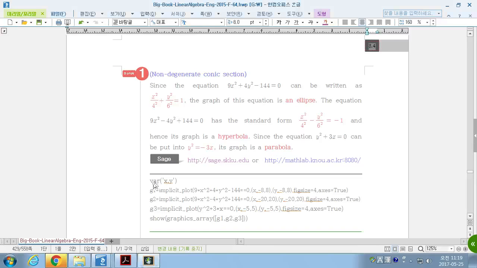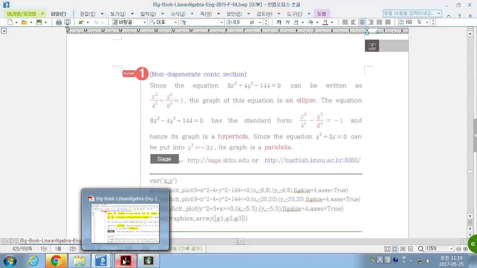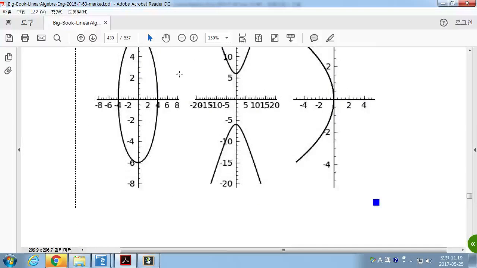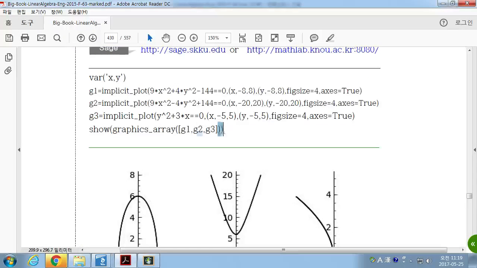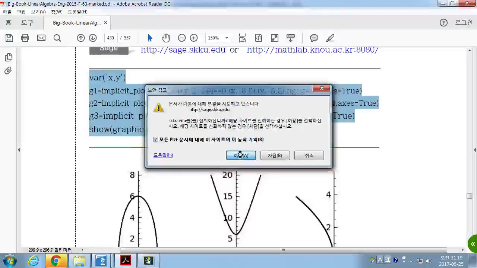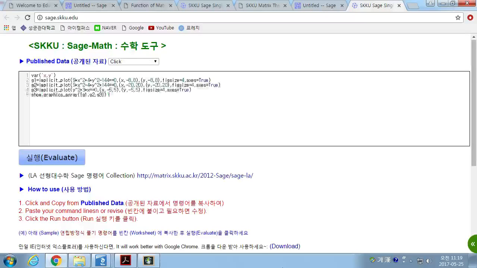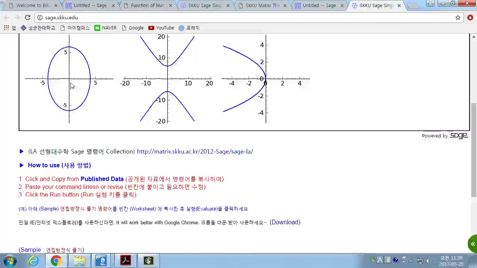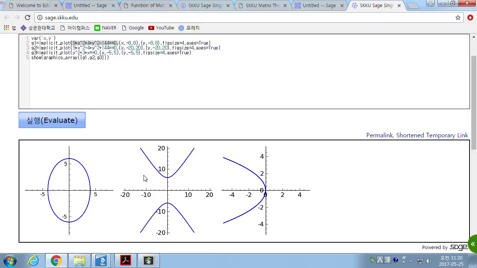If you copy this command, and then go here and paste it, this is the function 9x squared plus 4y squared minus 144 equals 0, and you will have the same graphs. Actually, that graph was made with this.